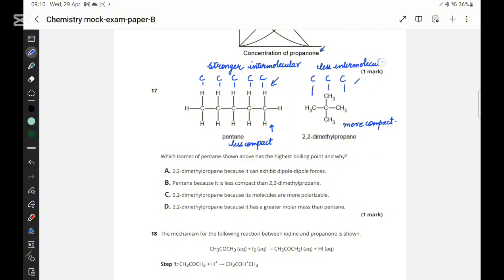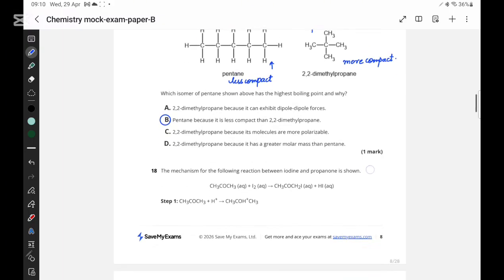Because of stronger intermolecular force, pentane is going to have the highest boiling point. So option B is saying pentane, because it is less compact than 2,2-dimethyl propane.